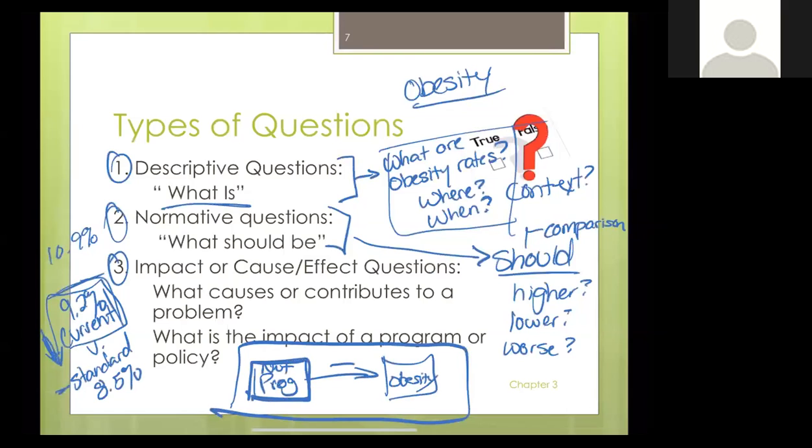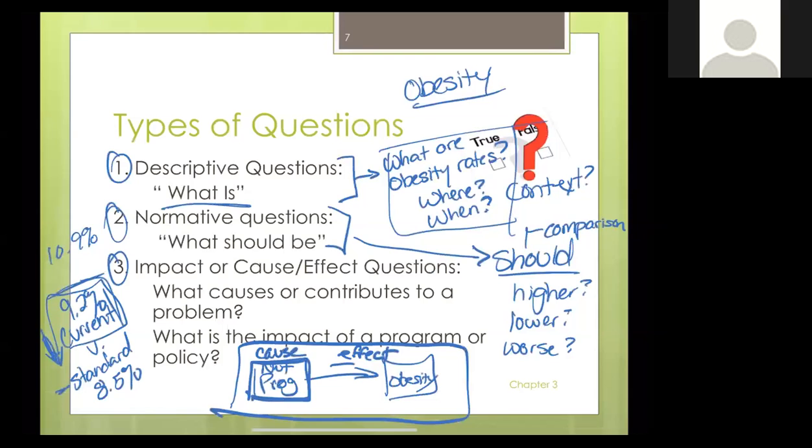That is a cause and effect question: does this program cause this reduction of obesity? We're not describing the rates anymore. We're not saying it should be better or worse. We want to know if the program itself, through our evaluation, causes the impact we see.